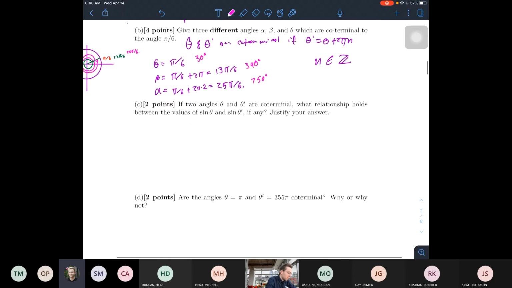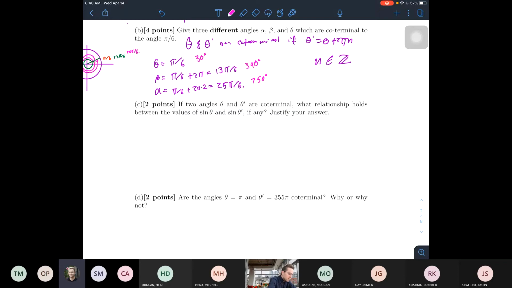So this next one asks us something about, what's the deal with coterminal angles, right? We know when angles are coterminal, but what's the point? Who cares if angles are coterminal? What can we know if these angles are coterminal?